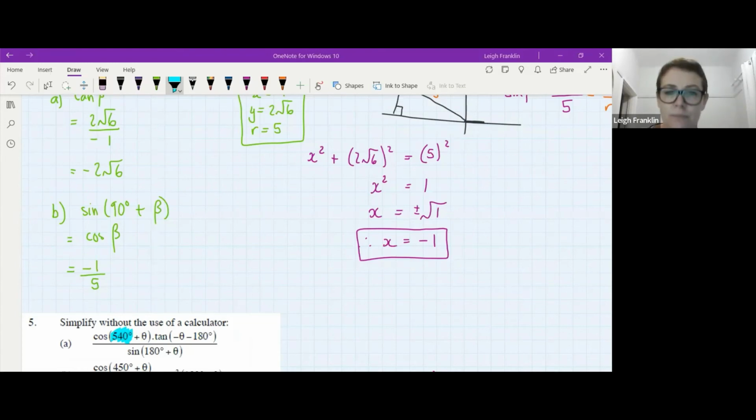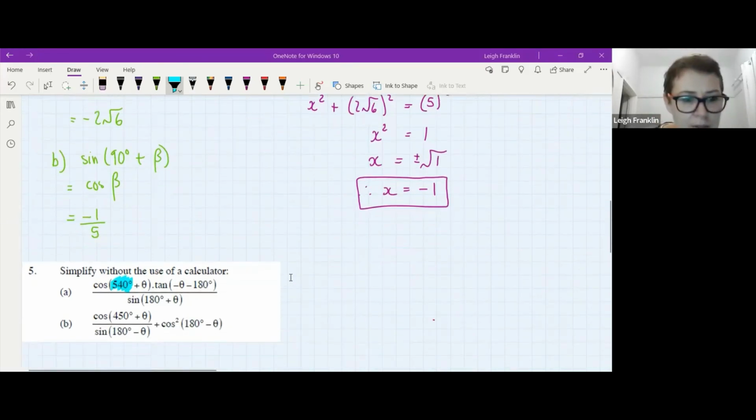You divide by 360 and then multiply by the number in front of the dot with the decimal that you get, and you get your answer. Okay, it's a little bit easier than that. You just have to subtract 360 degrees. If you take away 360 degrees, you're still going to end up in the correct quadrant, because you would have done a full circle. Absolutely. Good, I'm glad that you tried.